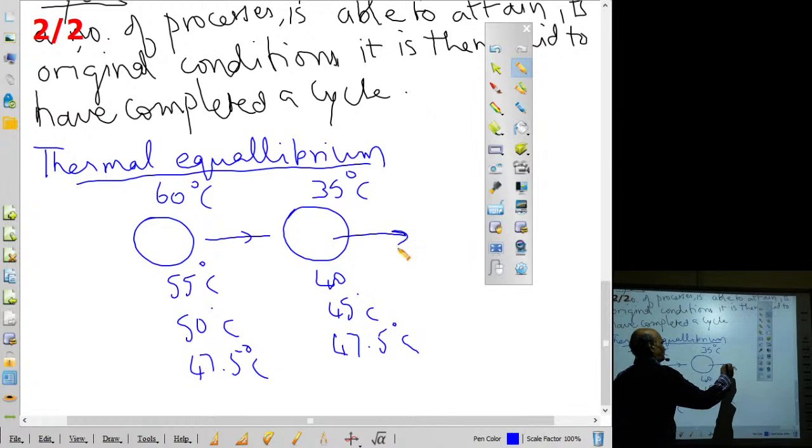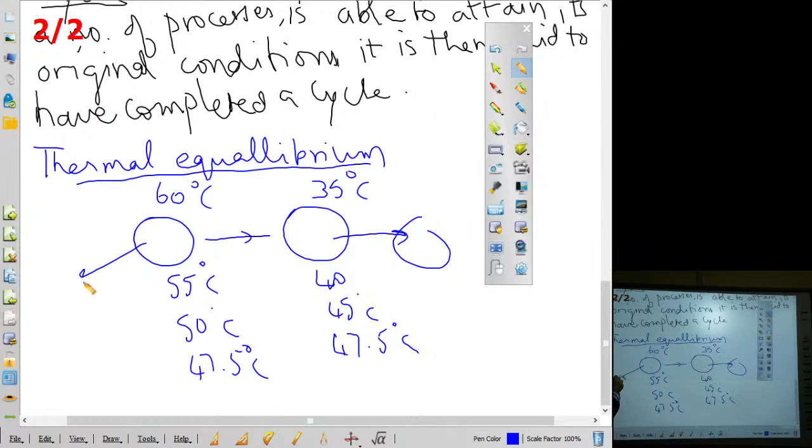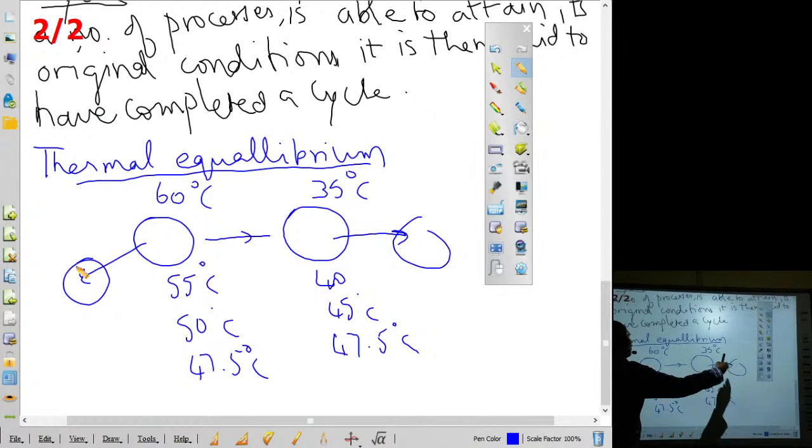This body can give heat to some other body, and that one can also give heat to some other body, in such a manner that the two bodies keep the same temperature. The two bodies are said to be in thermal equilibrium when there is no heat transfer between them. It can give heat to some other body, but as long as the temperatures are maintained, there is thermal equilibrium.